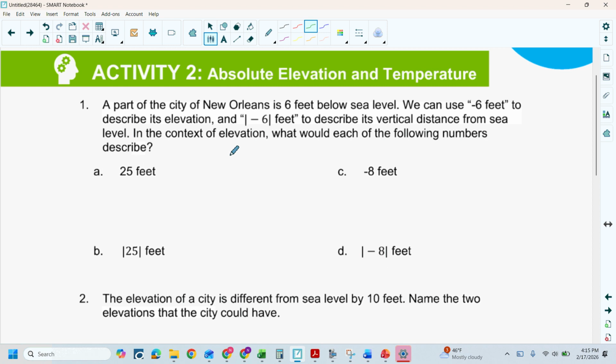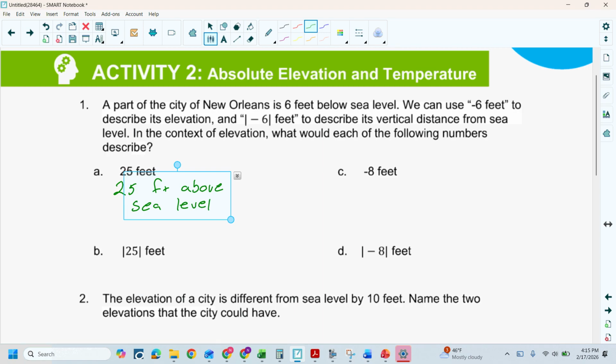So, in the context of elevation, what would each of the following numbers describe? Well, 25 feet would be 25 feet above sea level.